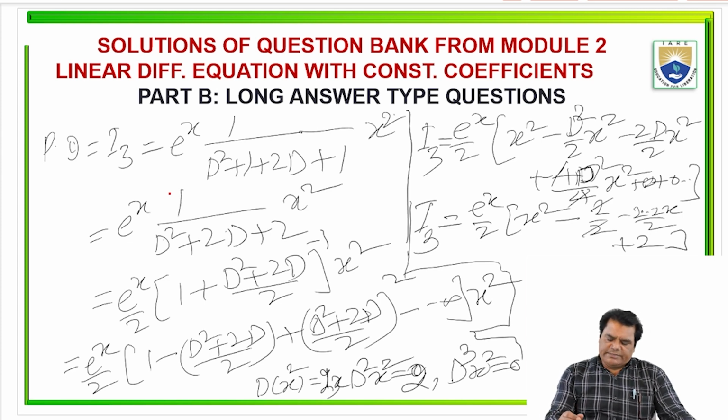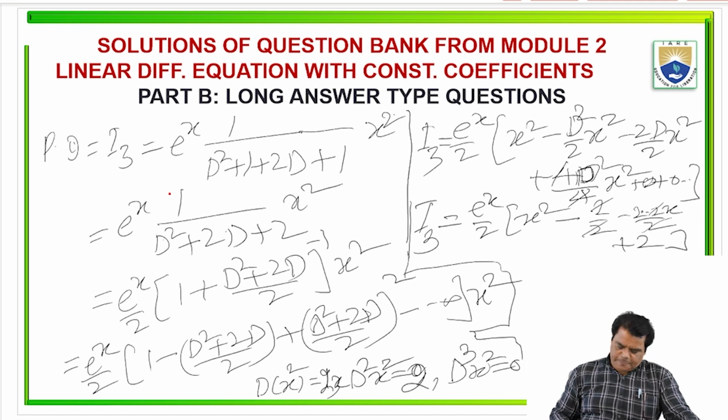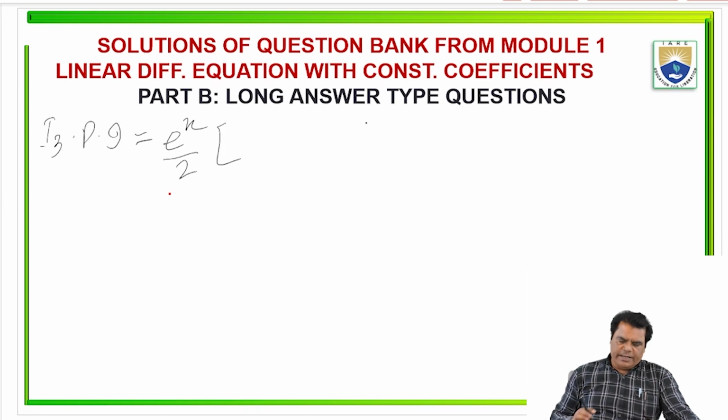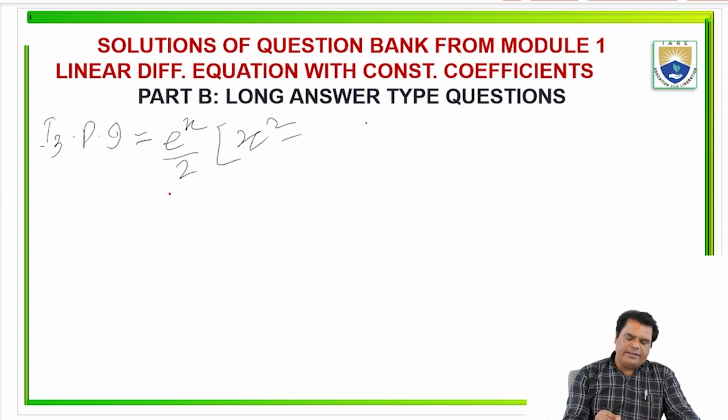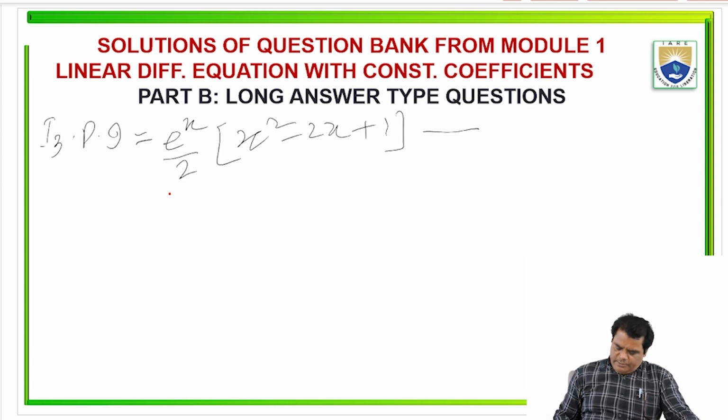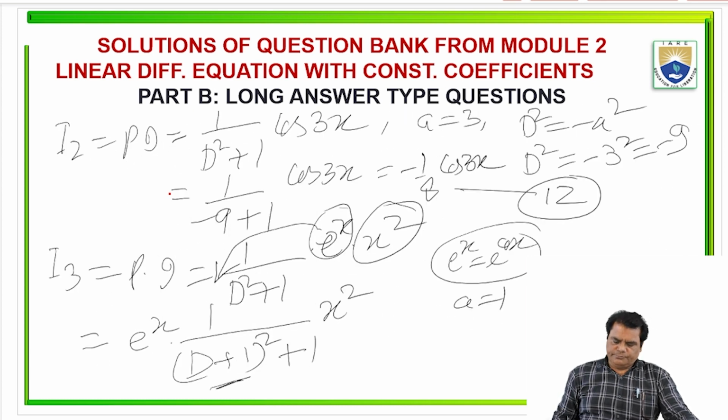This 2 is cancelled, this 2 is cancelled. So here x square minus 2x plus 1. We get here x square minus 2x plus 1. These equation numbers are 12 and 13.